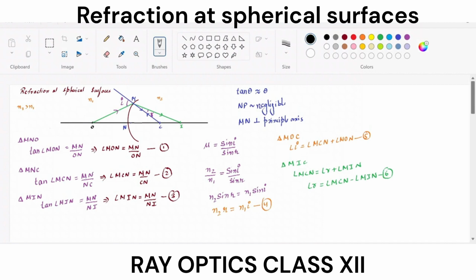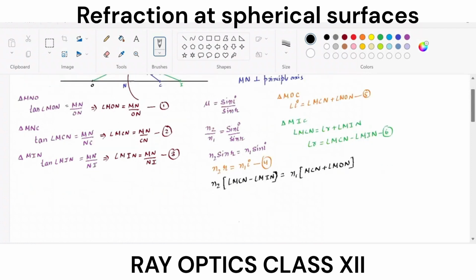Can we substitute it in equation 4? Yes. So n2 into r. r is angle MCN minus angle MIN equal to n1 into i. i is MCN plus MON. Can we substitute the value of MCN and MIN? Yes.